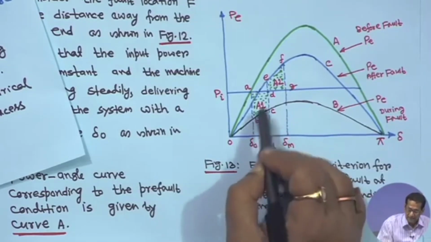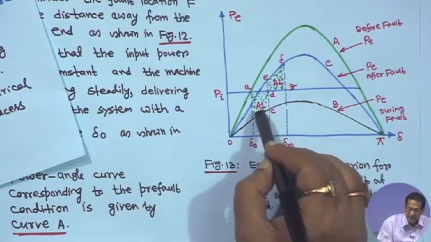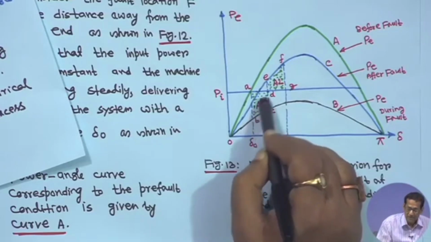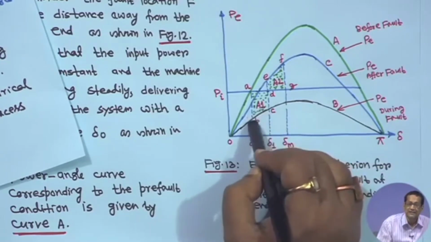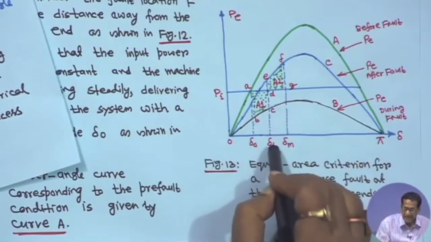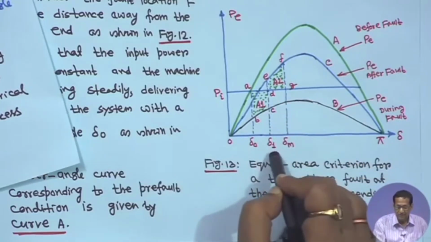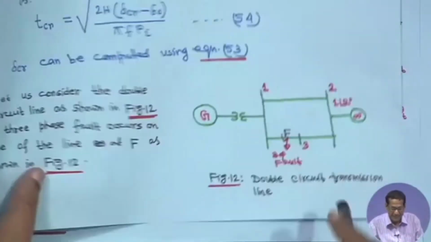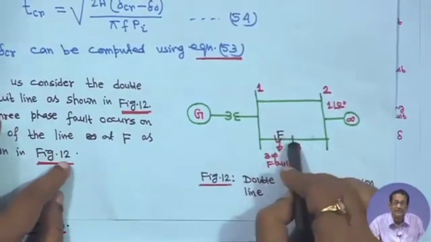Since Pi is greater than P during fault, the machine will accelerate and store kinetic energy during acceleration. After some time, at delta equal to delta 1, the fault is cleared and the line is isolated.